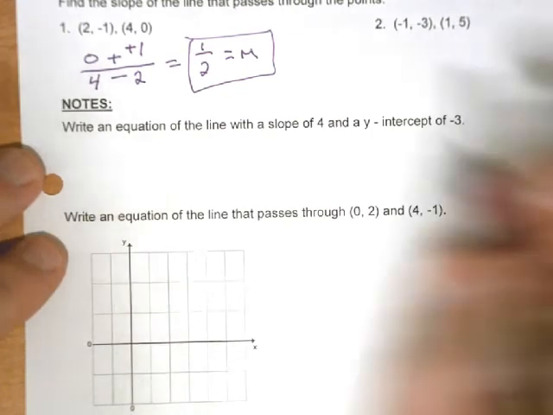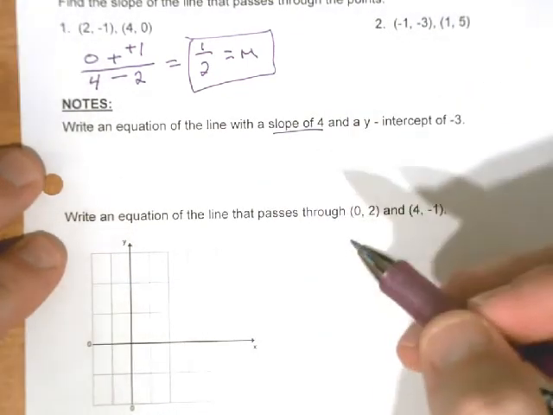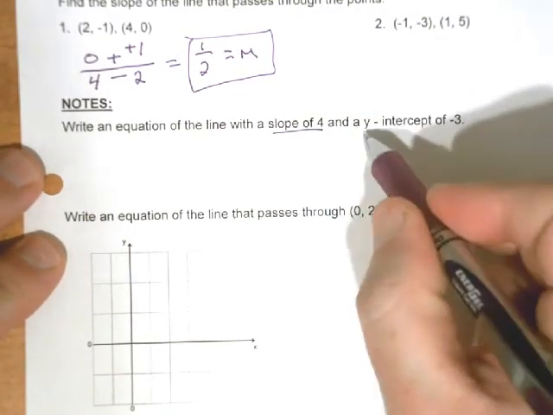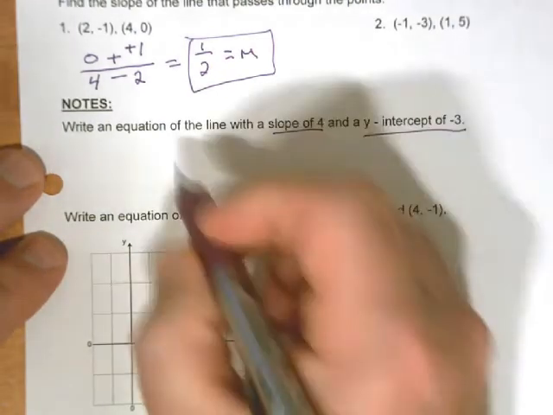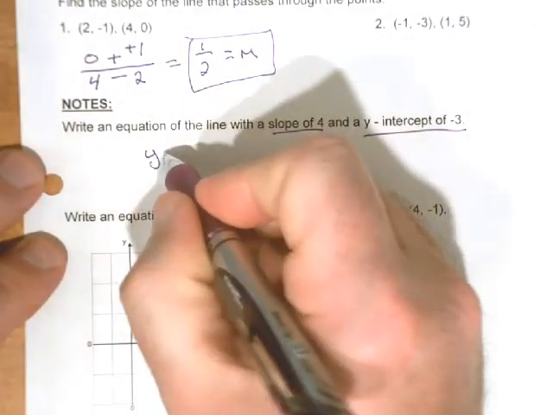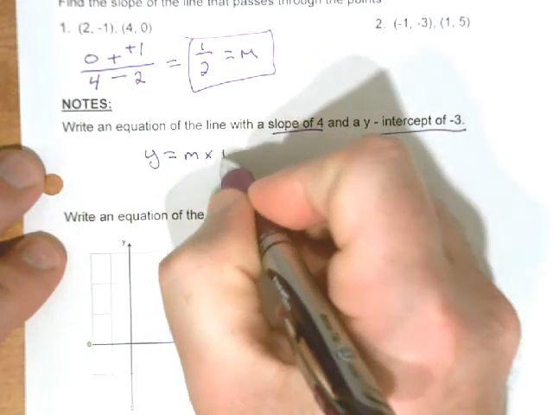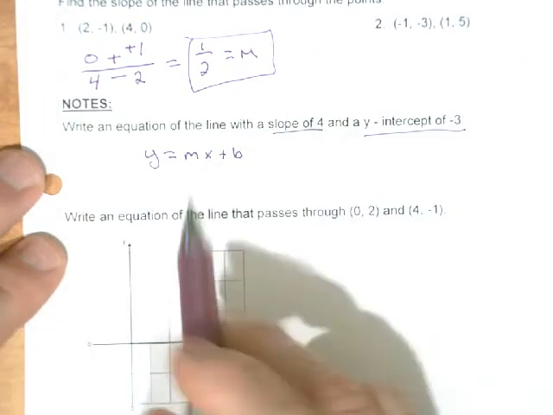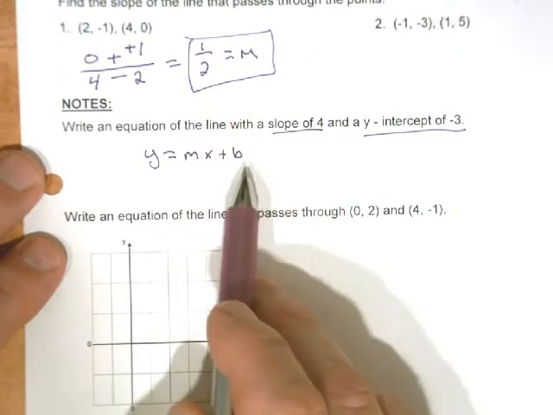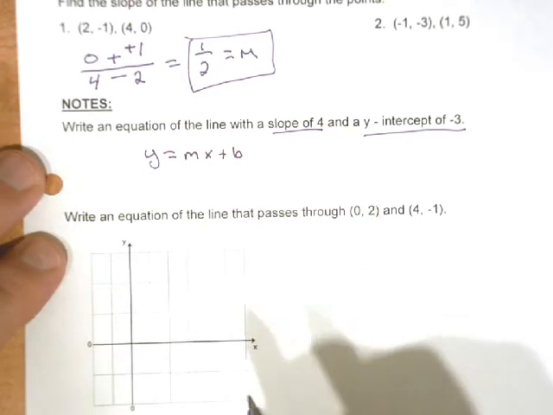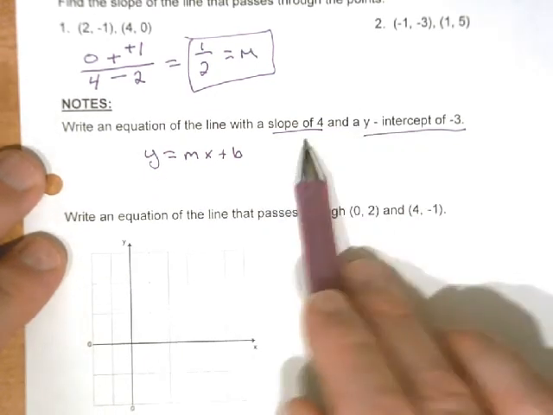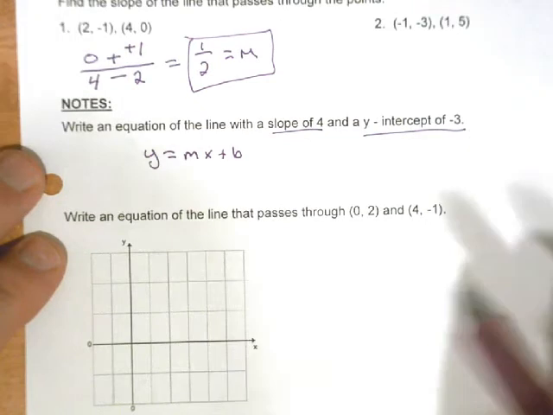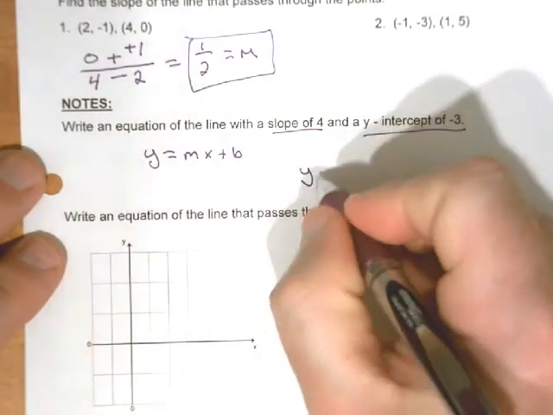So for our first one here, if they give us our slope and they give us our y-intercept, that's all I need to write in our slope-intercept form, which remember is y equals mx plus b. Again, m stands for the slope, the b is the y-intercept part. If they've given me all the points that I need, all I need to do is just substitute that in.